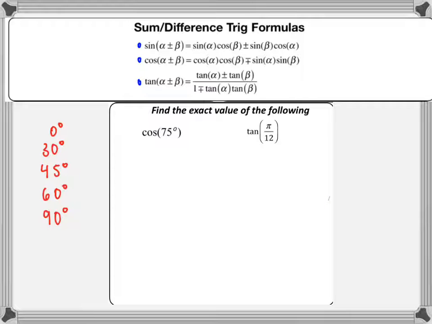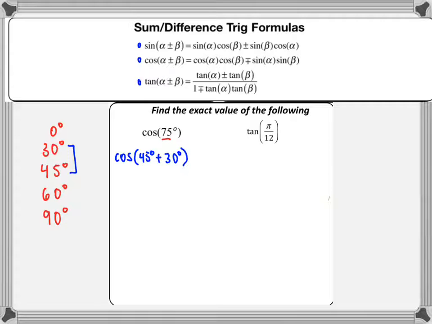As we run around the unit circle, we get more of those reference angles: 30, 45, 60, 90, etc. So what we're going to do is rewrite 75 as a sum of two known angles. I'm going to start off by saying the cosine of 75 is just going to be 45 degrees plus 30 degrees.